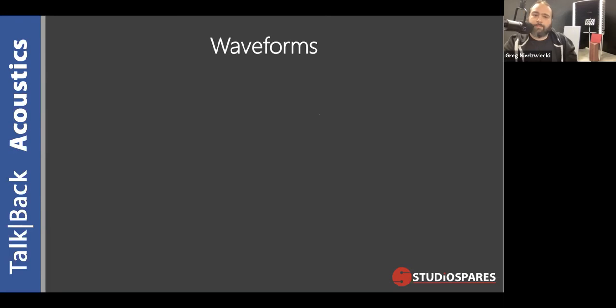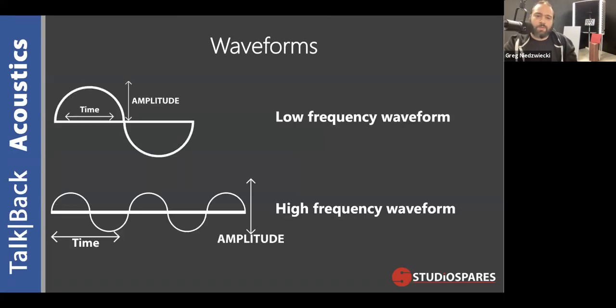Before we dive into it, I just want to take a moment to explain briefly how waveforms work, because this will be quite a common recurring theme when we talk about sound and acoustics. You can see here on the screen a low frequency waveform and a high frequency waveform.